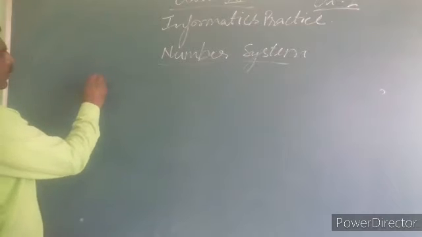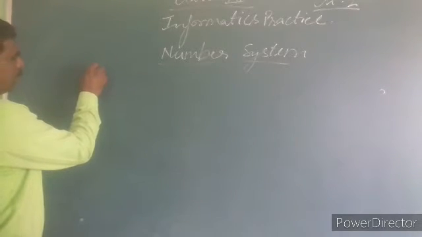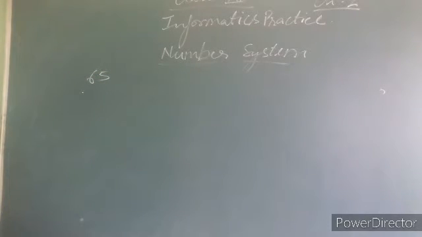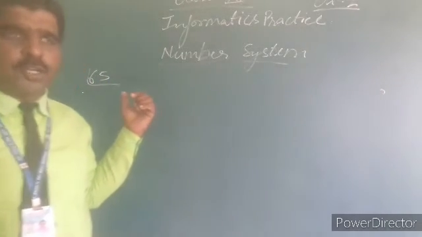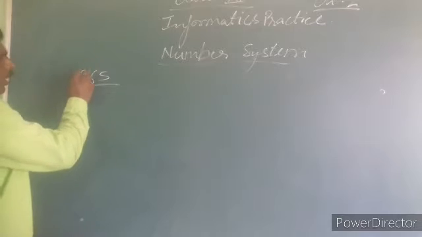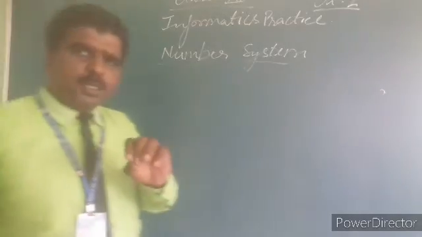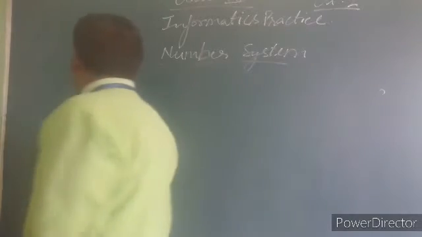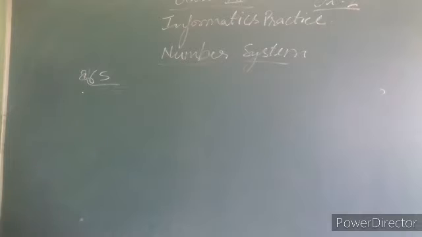See, any number we are taking, like 65. After that, the base of this number, that is 8. So by 8 it is divided. In last numbers we are dividing by 2, but in octal number we have to divide by 8.